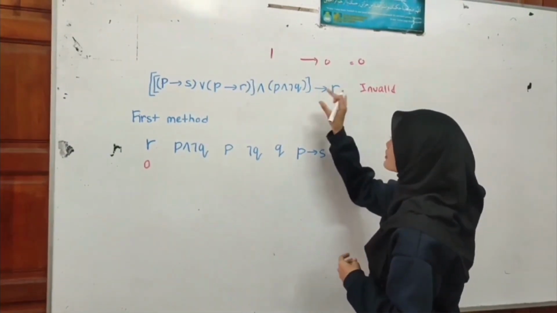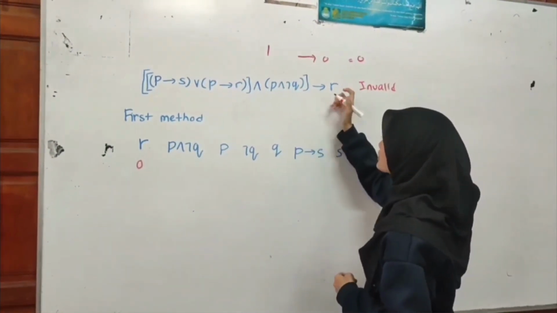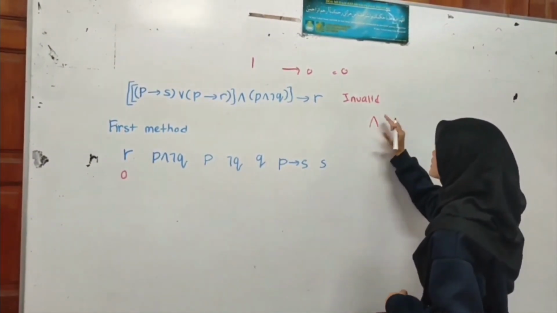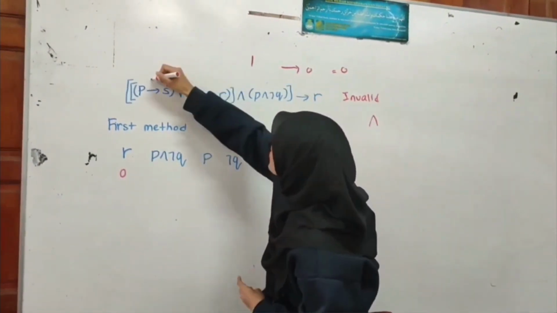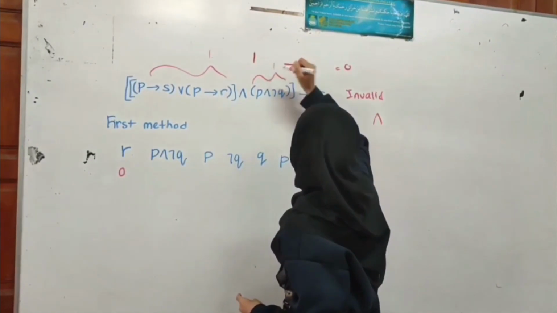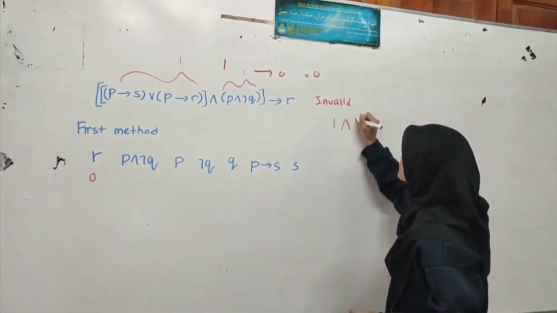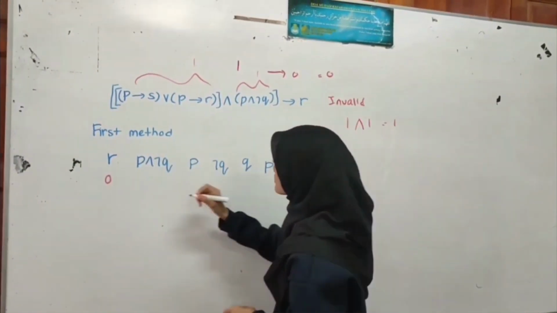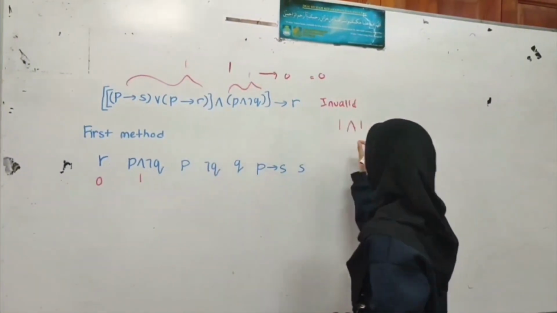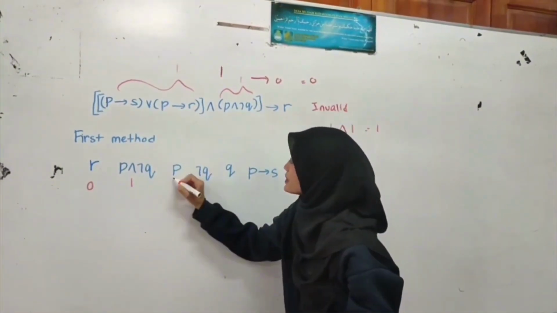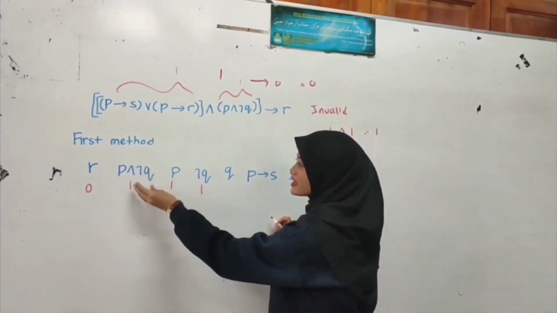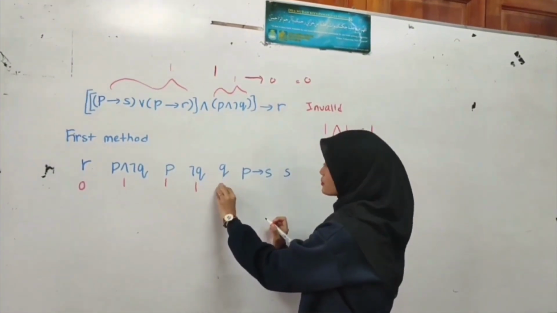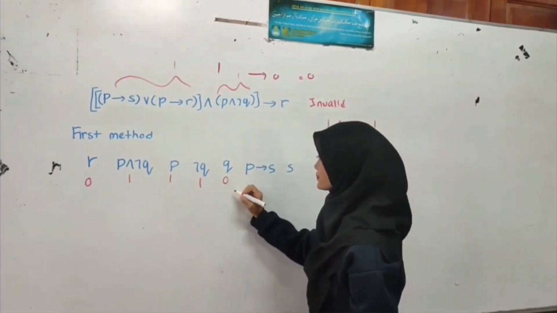Therefore, to find the values for P, Q, R, and S, we can start with the AND symbol first, because both parts need to be 1. So for the AND, both need to be 1, therefore P and not Q must equal 1. So we know that P is 1 and not Q is 1. Not Q is the negation of Q, so we get Q is 0.